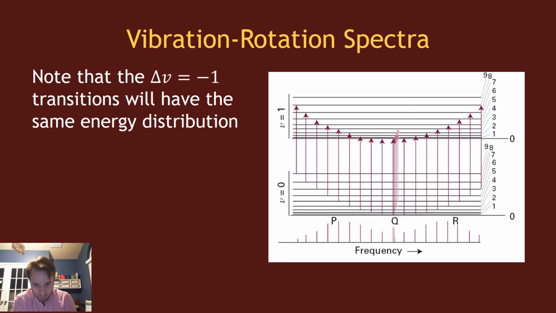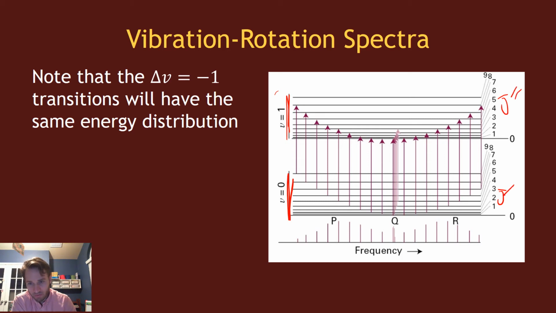So, looking at what this peak looks like, what's plotted is the vibrational state V1, and vibrational state V0, and then there's a bunch of rotational states. So these are the J values, and we'll call them J prime and J double prime.